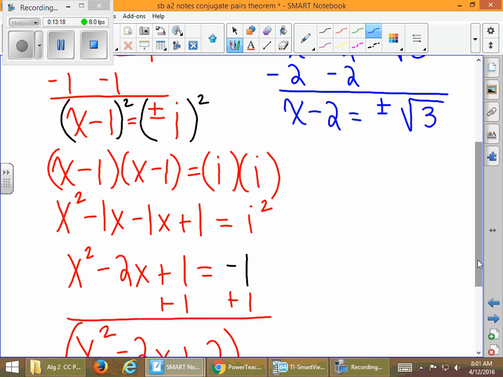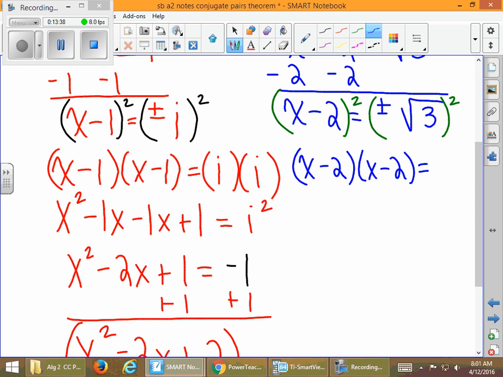To deal with the plus or minus, we are going to square both sides. And when we do, that means that this is going to be x minus 2 times x minus 2. And over here, positive times positive is positive, negative times negative is positive.